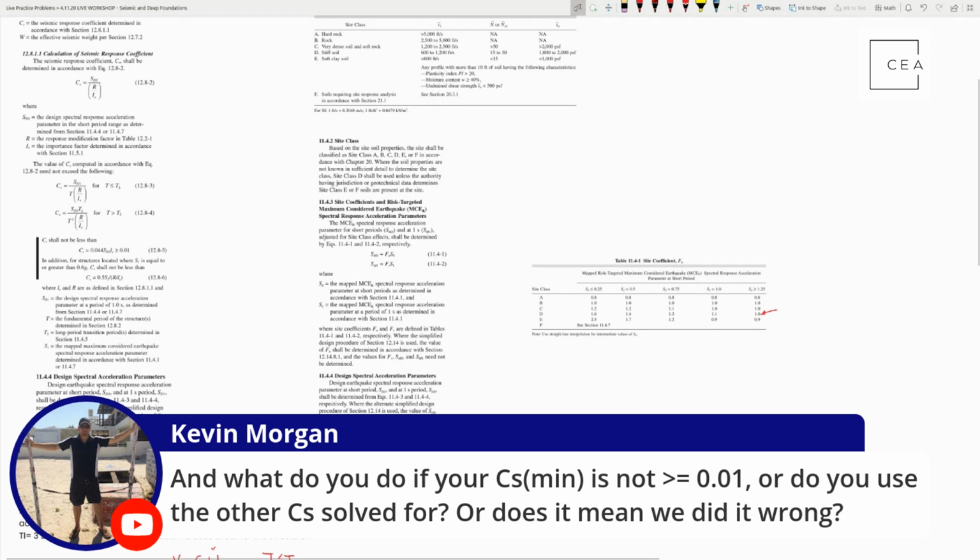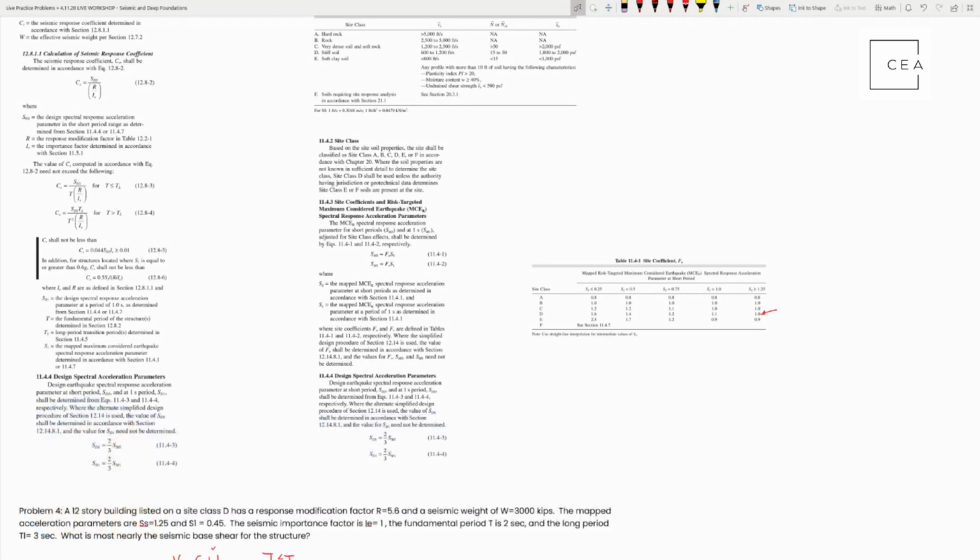It happens so infrequently that I would worry about having done something wrong, is the short answer on that. Okay, it's good to know. So in a test situation, if you're finding out that is the minimum, then I would go back and look at my calcs because you're probably doing something wrong.